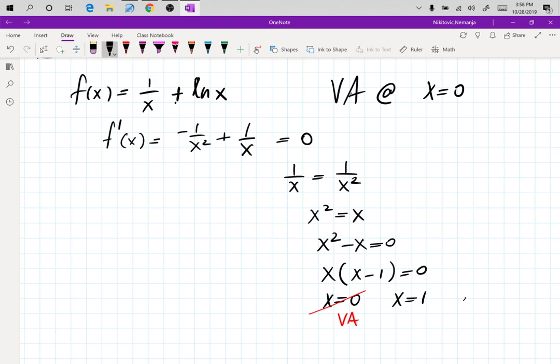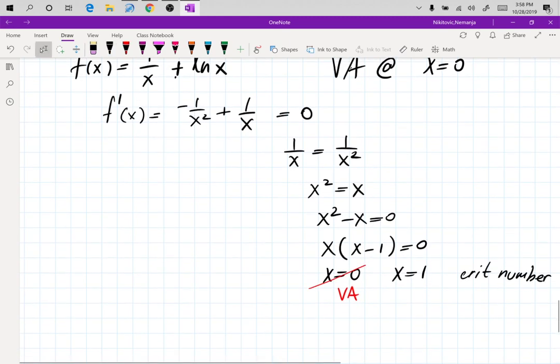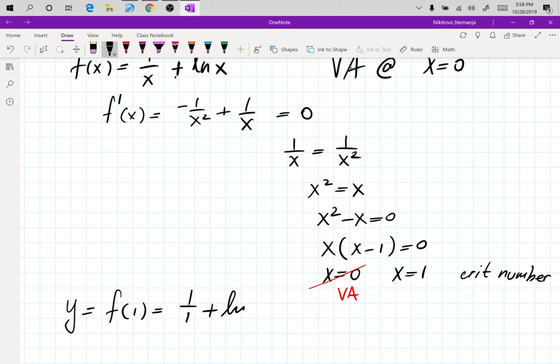And we have our critical number over here. Critical number. And what I do with the critical number is I bring this value back into my original to find y. So f of 1 would be 1 over 1 plus ln of 1, which is 1 plus 0, which is 1.